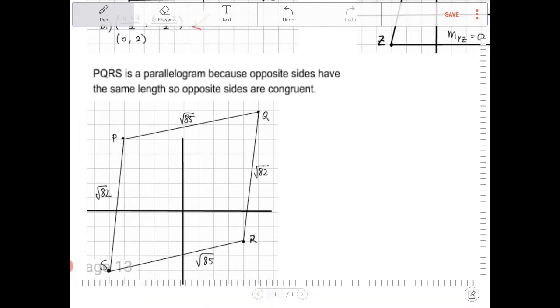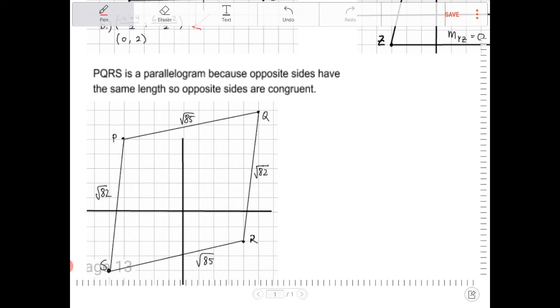Here we can show that quadrilateral PQRS is a parallelogram using the property that opposite sides are congruent by applying the distance formula. But like I've said in multiple instances, you don't need to apply the distance formula verbatim. You can also just apply the Pythagorean theorem as well.